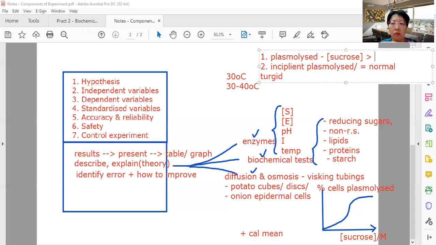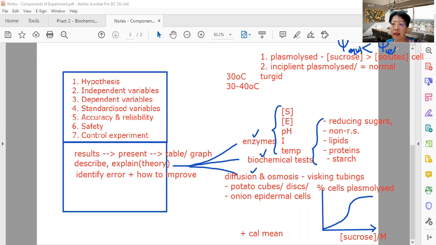Okay, sucrose concentration in the surrounding is higher than concentration of solutes inside the cell, because the cell is not only made of sucrose, it's all the solutes in the cell that will contribute to the water potential of the cell. So if the cell is plasmolysed, that means psi of the surrounding, which is the environment, is less than psi of the cell.